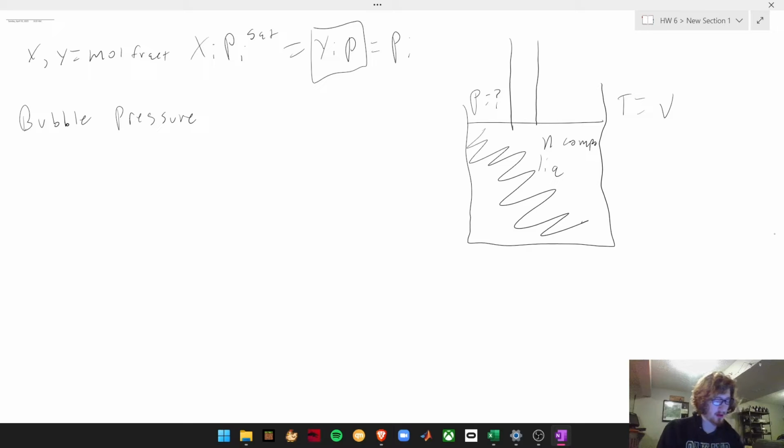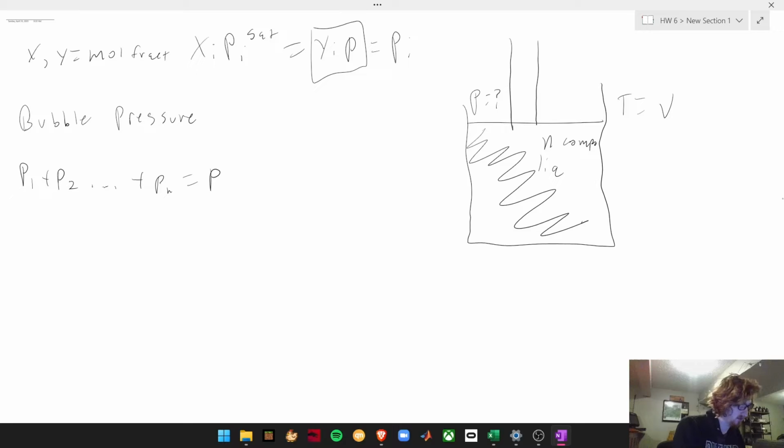So let's write out all our equations in terms of n components, and it'll make it a bit easier to solve in terms of summations. We'll start off with P1 plus P2 plus Pn is going to be equal to the total pressure. So basically the sum of the partial pressures is going to be equal to the total pressure.